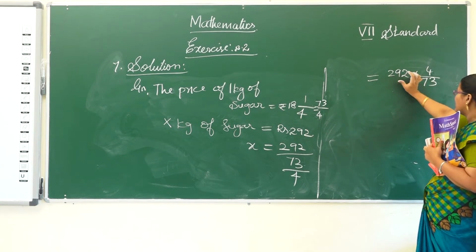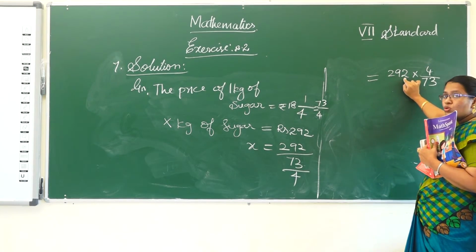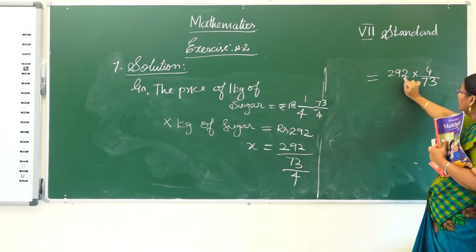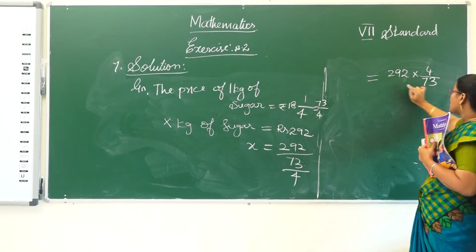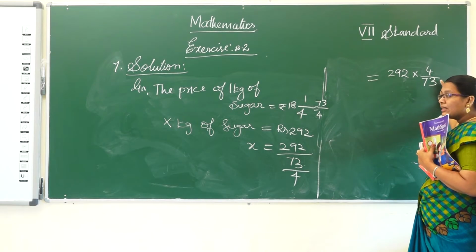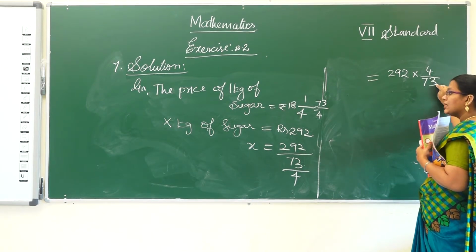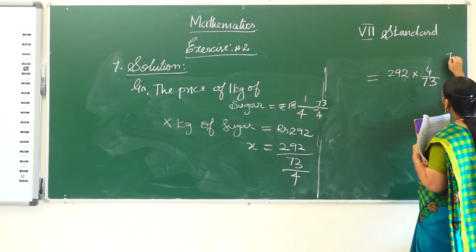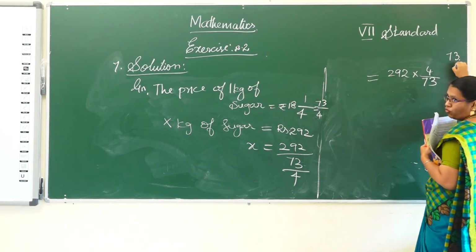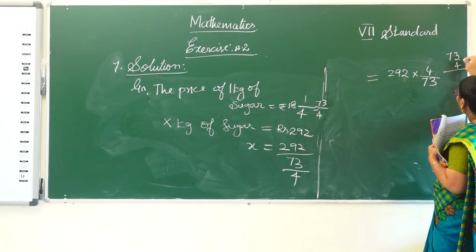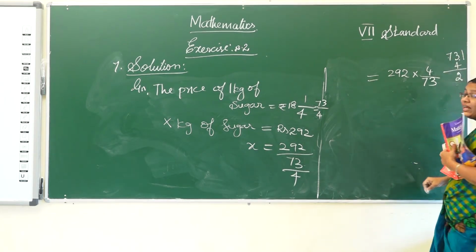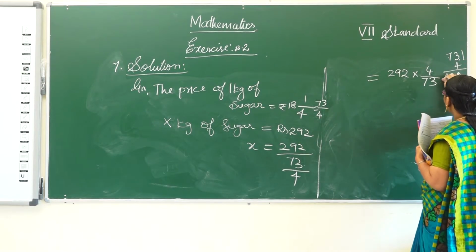A small trick: the ones place value is 2. So check it: 3 ones are 3, 3 twos are 6, 3 threes are 9, 3 fours are 12. So you multiply 73 by 4. 4 threes are 12, remaining 1, 7 fours are 28, 28 plus 1 is 29.